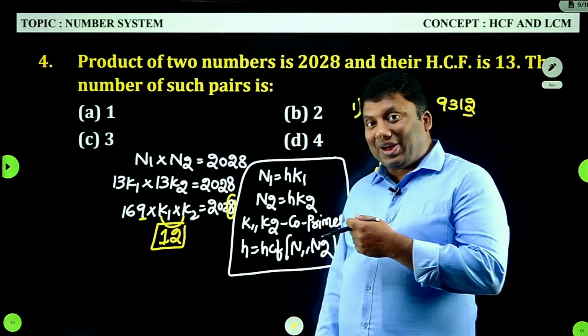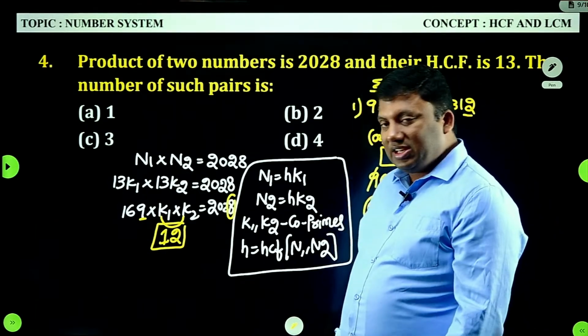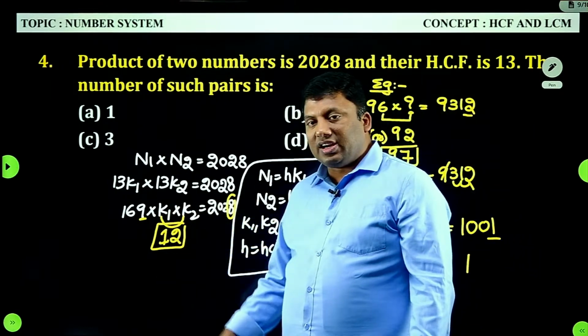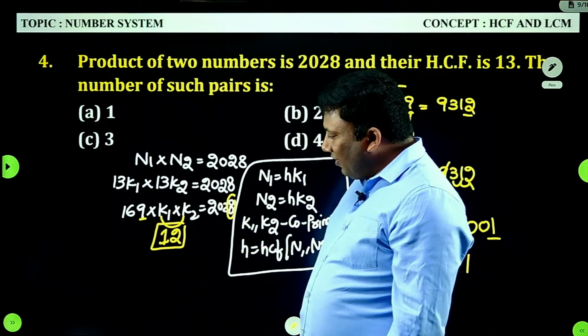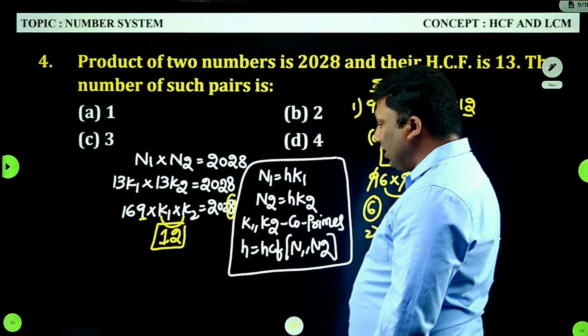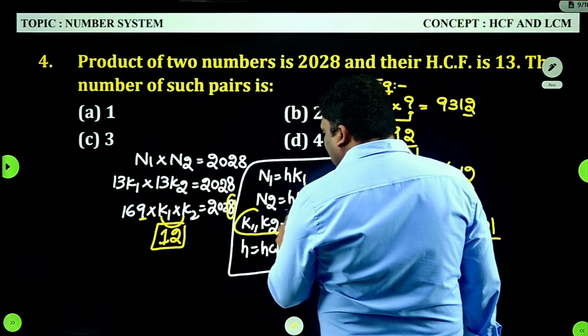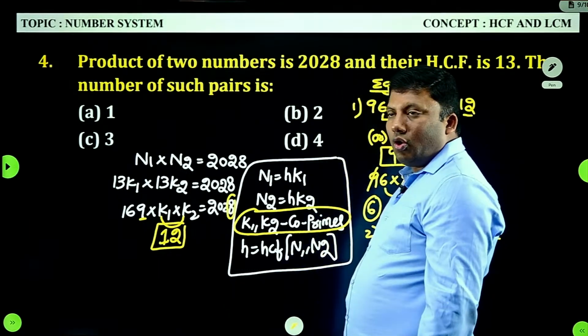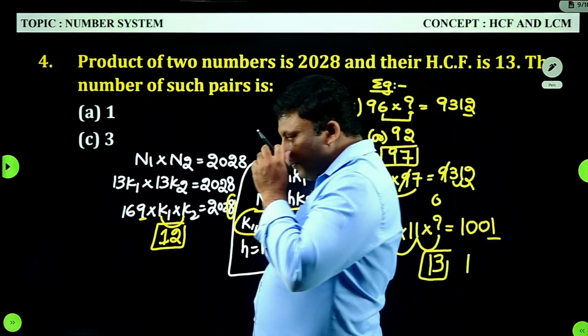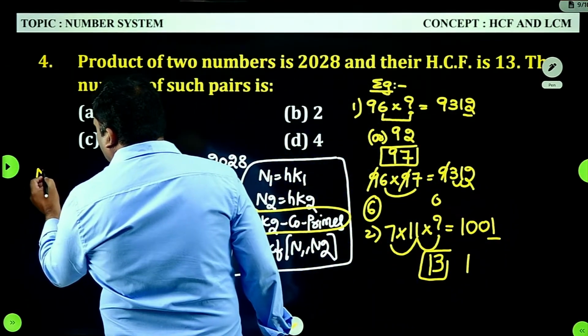Right? Still we will solve a lot of problems using this approach. Please don't divide this and waste your time. So K1 into K2, K12 it is 12. What are K1 and K2? Co-primes. Please write down, sir.